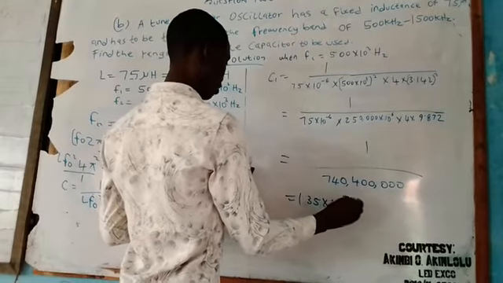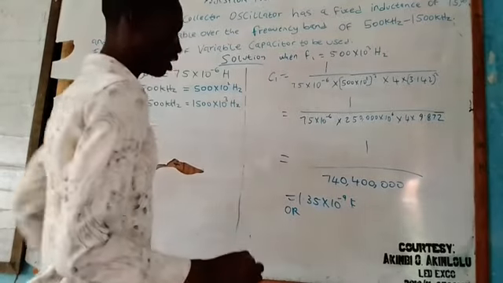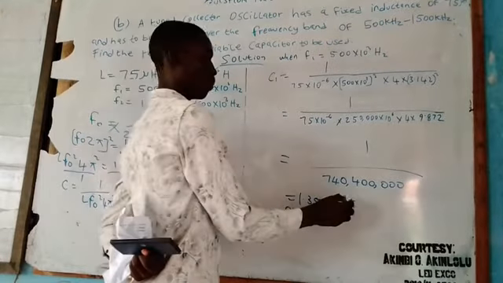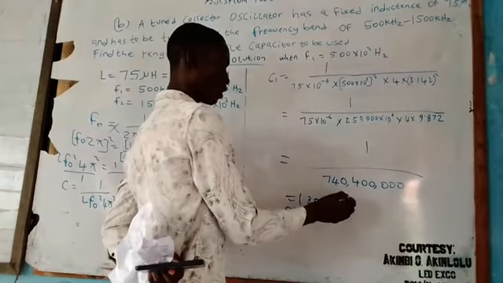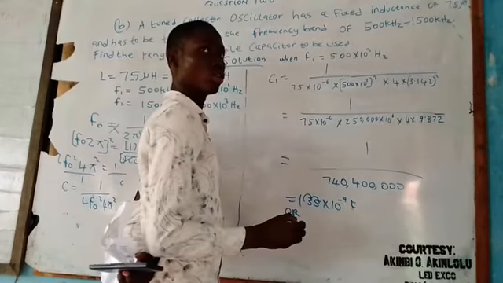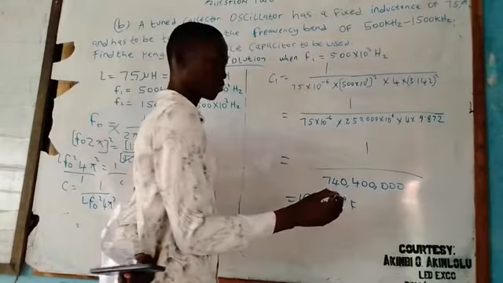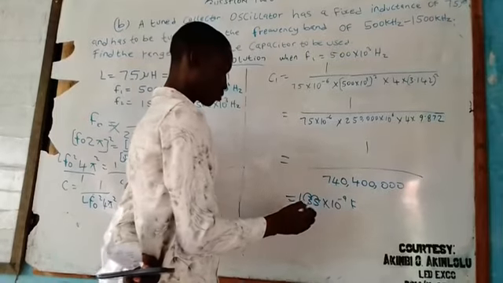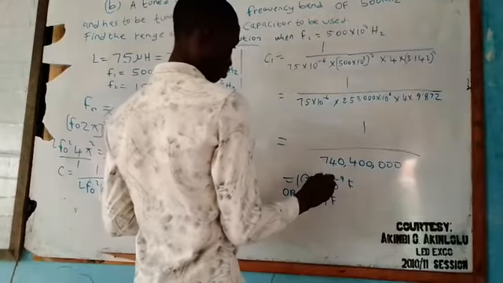And that is 1.35 times 10 raised to minus 9. So if I want to make it 10 raised to minus 12, then I will take that point back 3 times. Then taking that point 3 times will give us 1,350 picofarad.